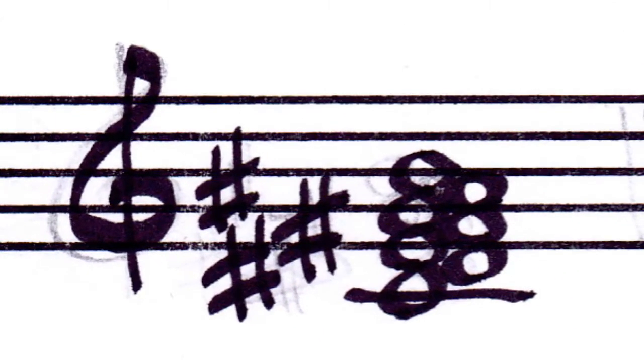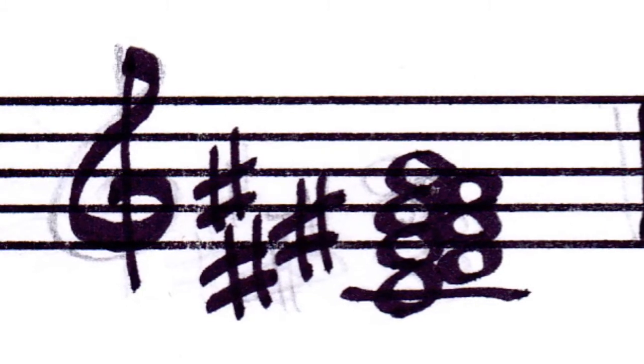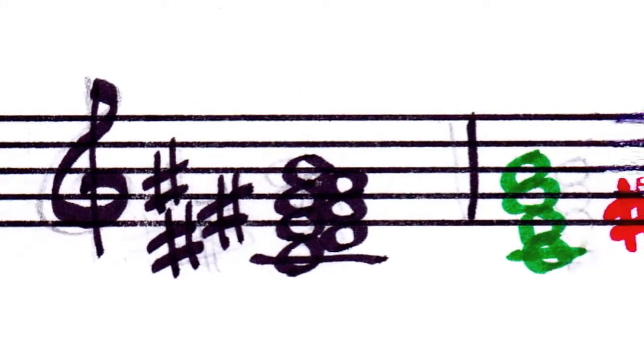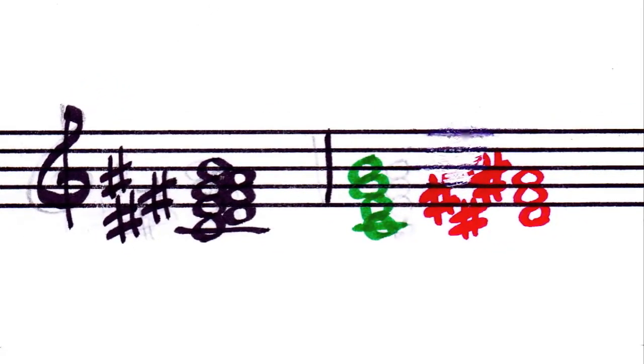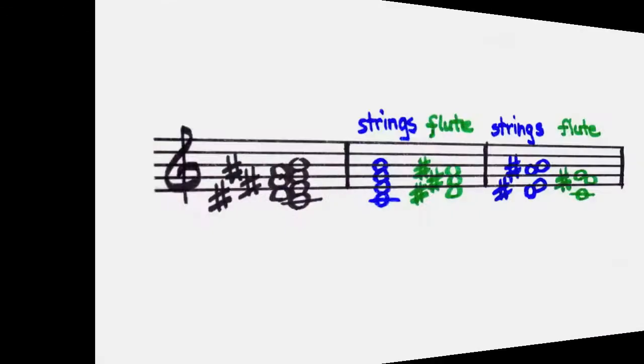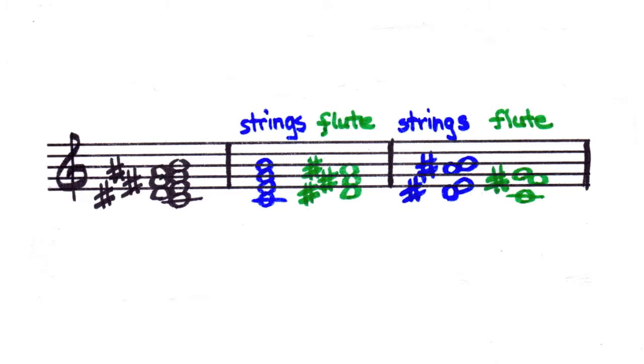Here's another chord that is dissonant on piano. But if we look at it harmonically, it's the overlapping of a C major 7 triad and a D sharp minor triad. So this first voicing has the strings with one chord and the flutes in the other.